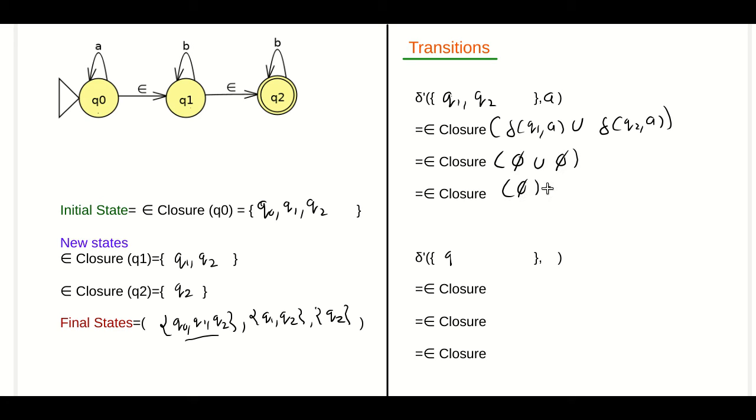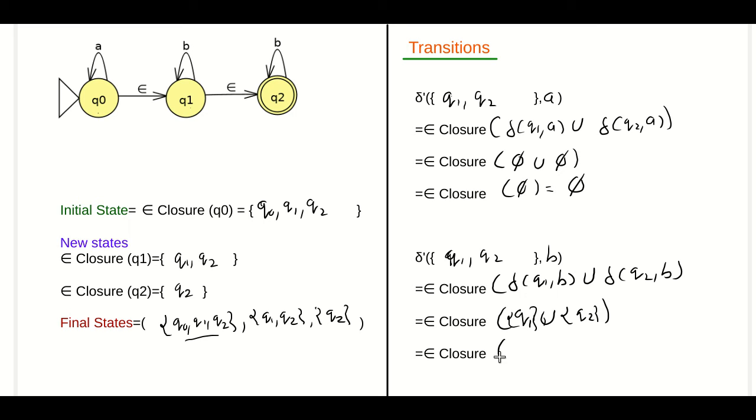So this is the epsilon closure of phi, and there is no transition for Q1, Q2 on input symbol A. Now we find delta dash of Q1, Q2 on B. It will be the epsilon closure of delta of Q1 B union delta of Q2 B. Q1 B is Q1, union Q2 B is Q2.